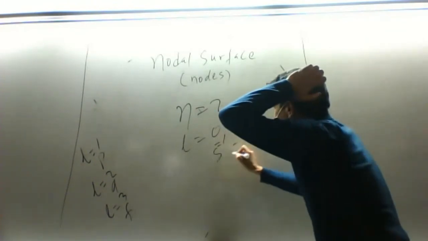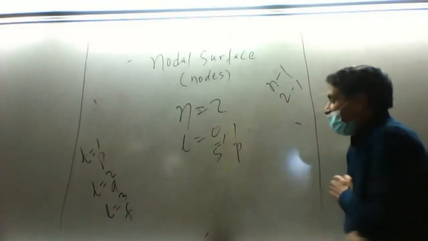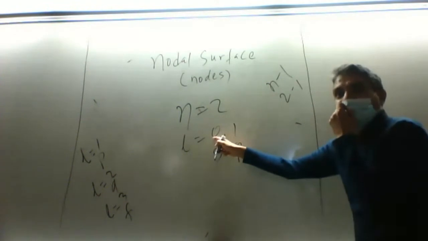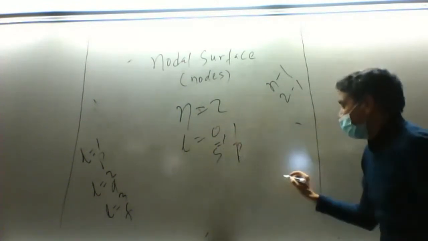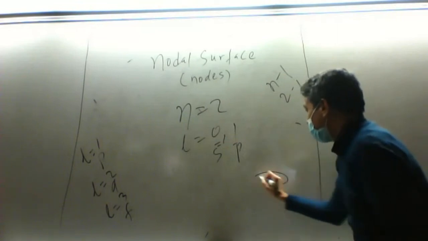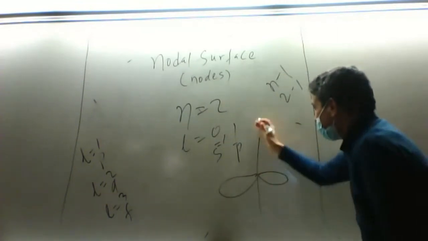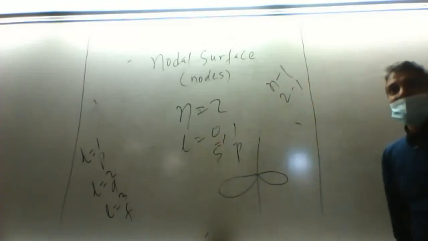So this is S, this is P. Now, with the S orbital, you don't have a nodal plane because this value is 0. But for the P orbital, the value of L is 1. So how many nodes do you have for the P orbital? So this is a P orbital, and along this line you don't have the electron. So this is only one node, right?